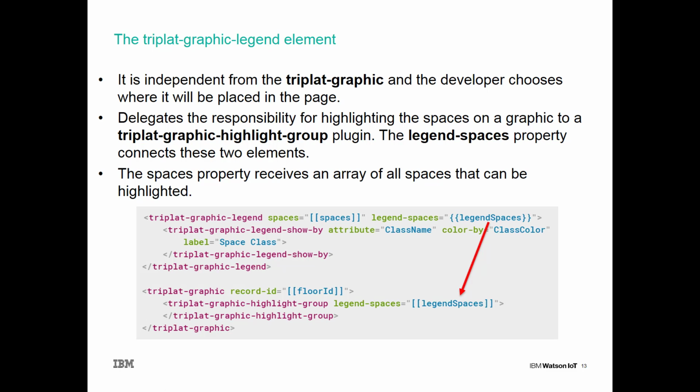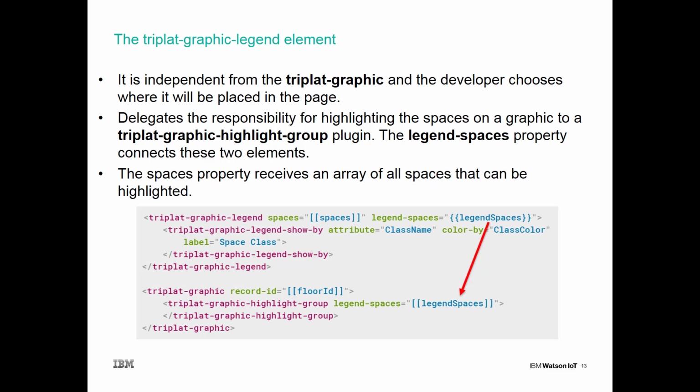If you want to add a graphic legend to your application, you need to use the triplat-graphic-legend element that was created. This element is independent from the triplat-graphic, and we don't need to add it as a child of the triplat-graphic, like we did for the pin.